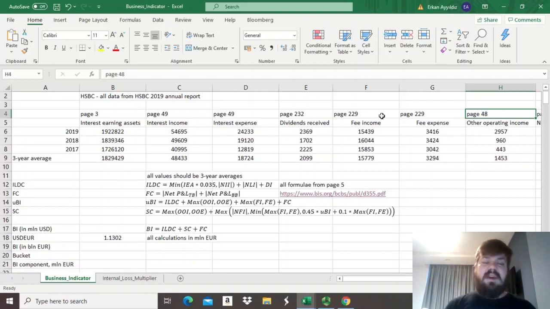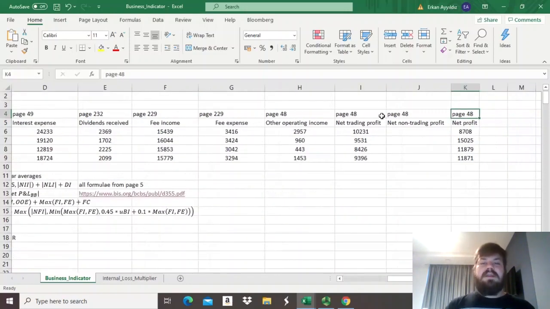And sometimes you have to make assumptions regarding the structure of the data that you analyze. Here, we just have to rely on other operating income without having any particular data on other operating expense, which is unfortunate. But again, it may differ from bank to bank. So when you are analyzing yours, please try to find whether they report other operating expense as well.